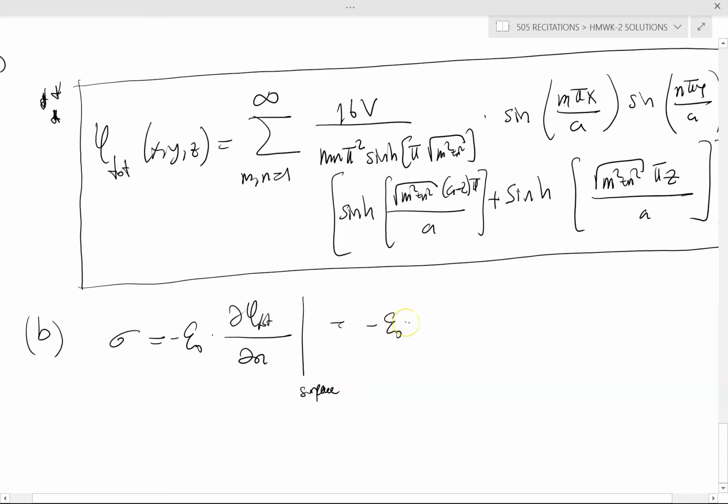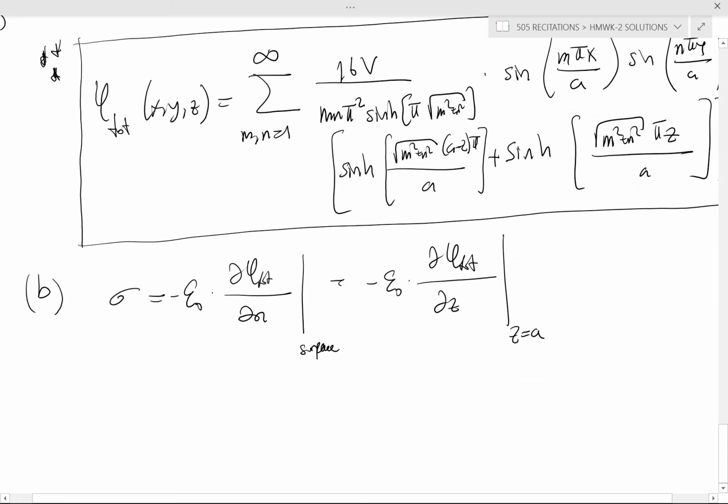In this case, it corresponds to delta psi total divided by delta z at z equal to a. Okay, so I need to take the derivative of this whole equation with respect to z.